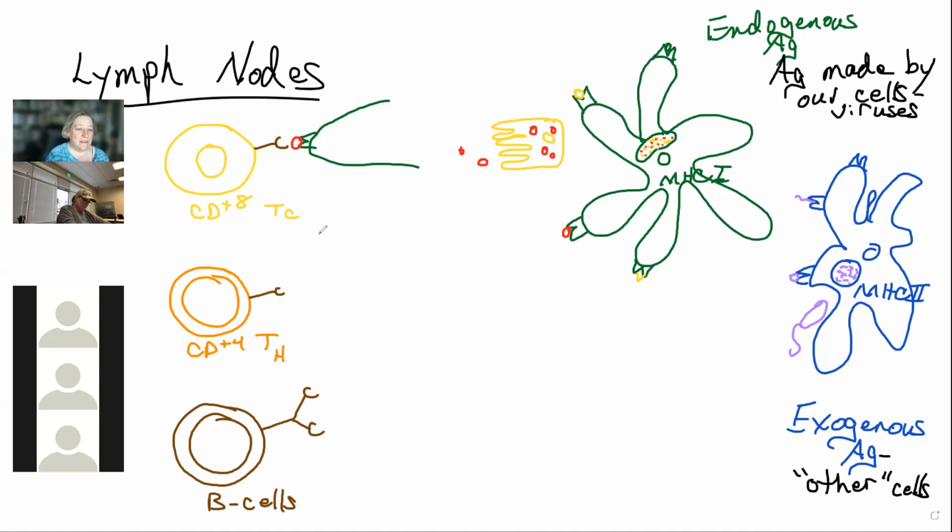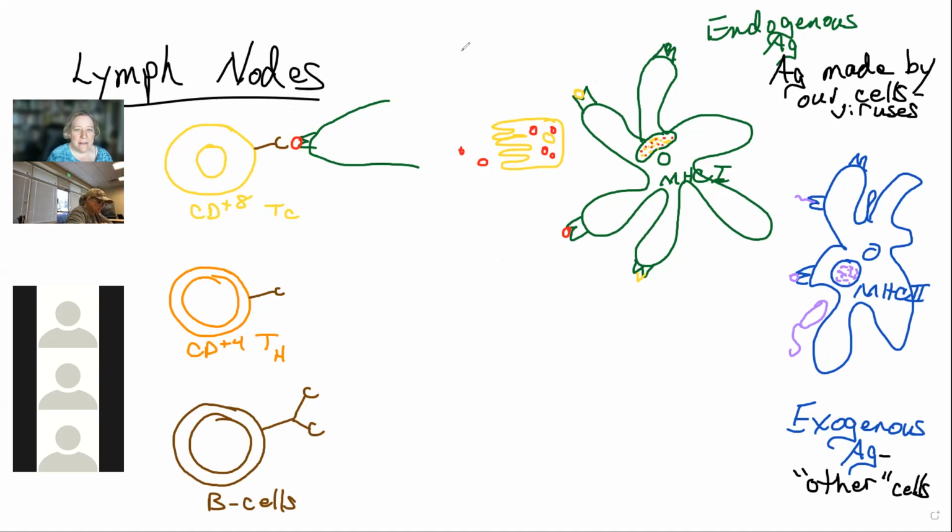Now, if this T cell's receptor did not recognize this, if it doesn't match up with it, it's going to say, nope, not what I'm looking for. And so this one will go on to the next one and say, hey, you looking for this one? But really what happens is a whole bunch of T cells cluster around these dendritic cells, checking out all of the MHC1s and MHC2s, looking for their antigen, okay?